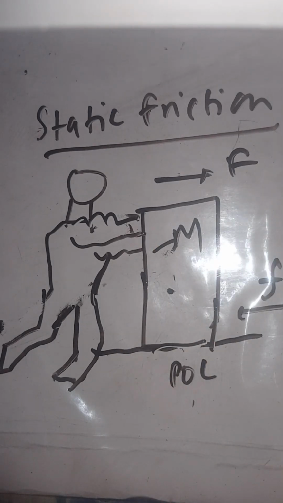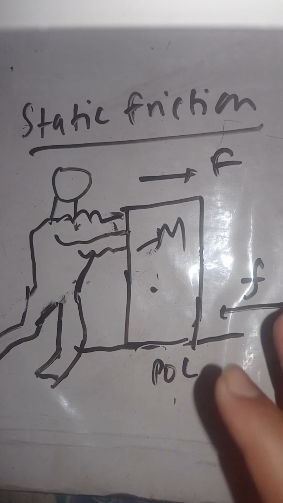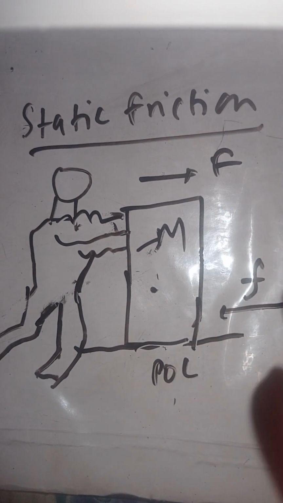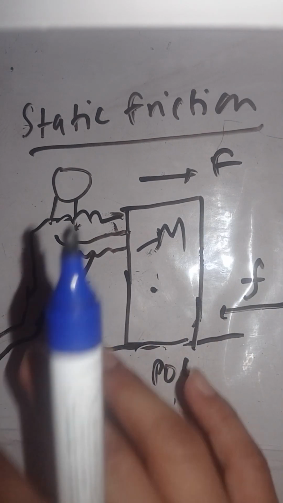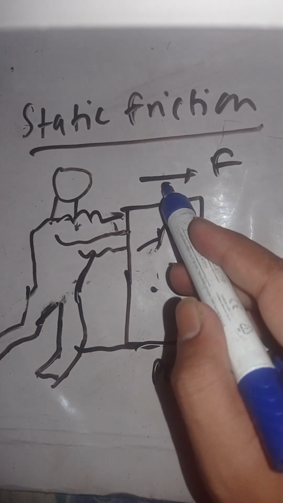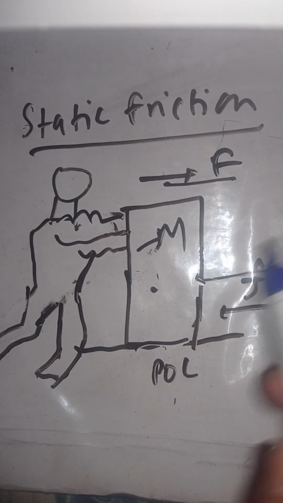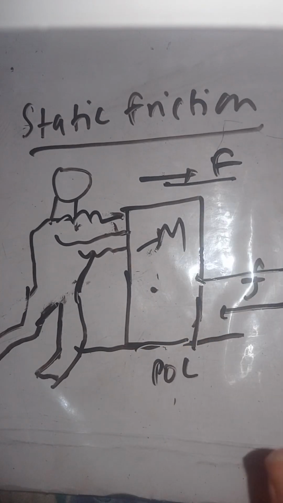then due to static friction, the same amount of force will be applied in the opposite direction of the external force. So if we are applying F force here, friction will act here just to make it not move.